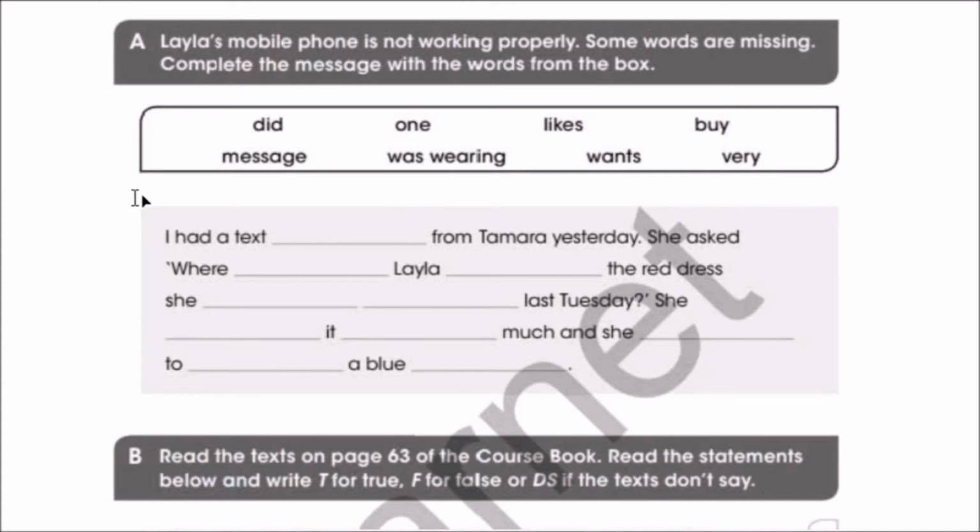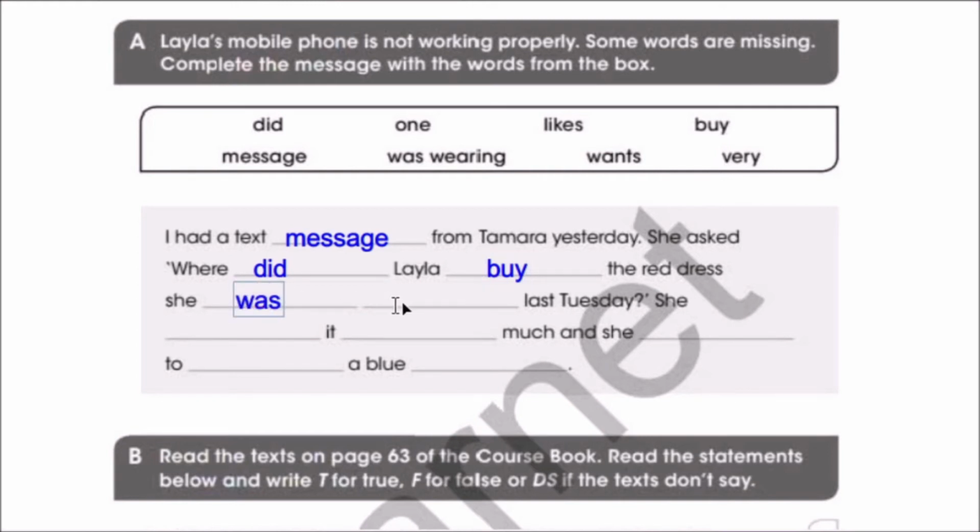Now let's check. I had a text. Which one do you think it is? Very good. Message from Tamara yesterday. She asked, where? Very good. Did. Layla. Good job. Buy the red dress. She. Very good.